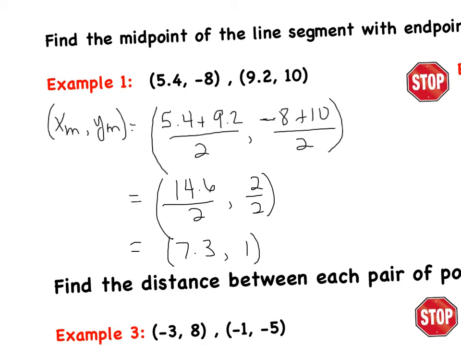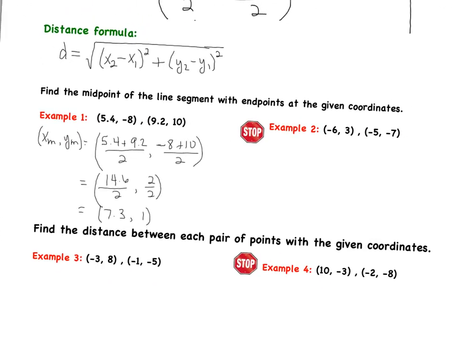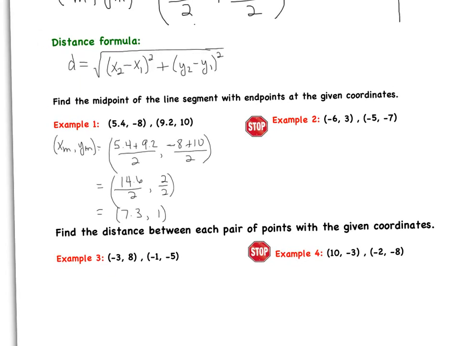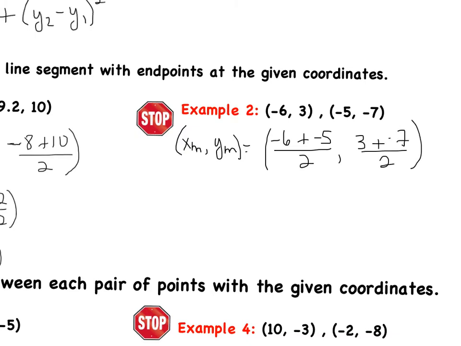Now I would like for you to pause the video and do example number 2, and then we will come back and I will give you the answer. In example number 2, the coordinates of our midpoint, xm, ym, we plug in our values, x1 plus x2 divided by 2, and y1 plus y2 divided by 2.